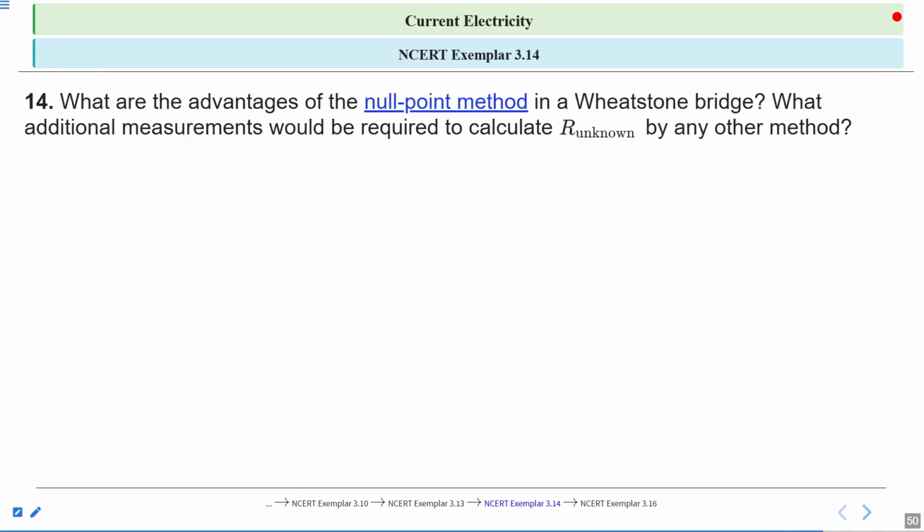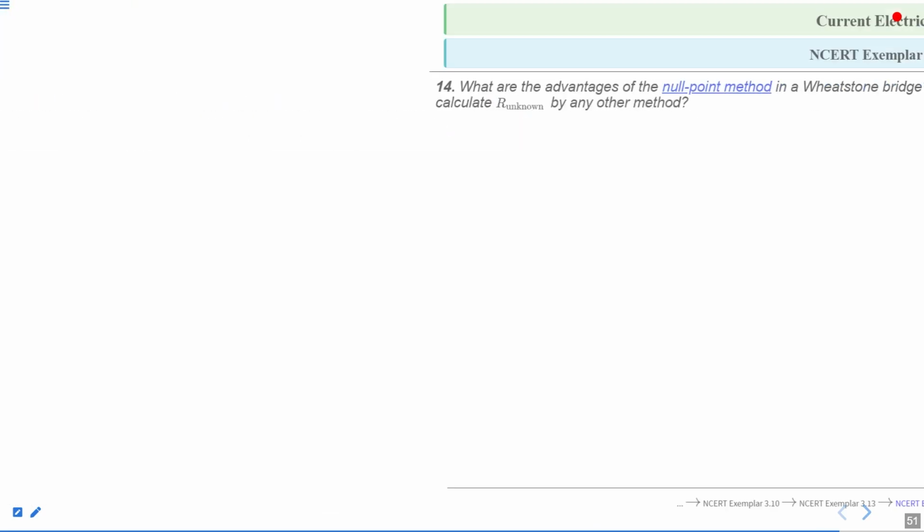So our next question: what are the advantages of the null point method in a Wheatstone bridge? What additional measurement would be required to calculate R unknown by another method? Let's see the solution.